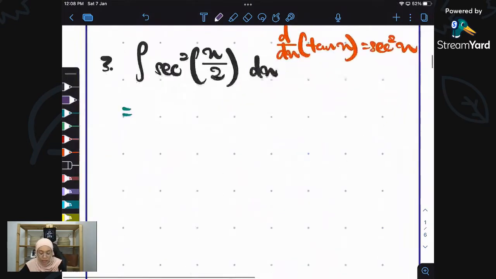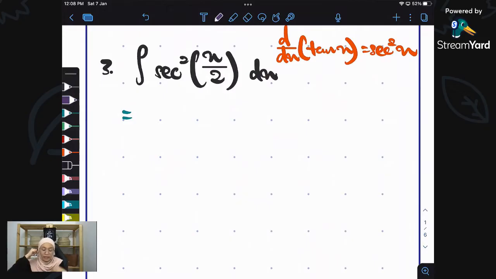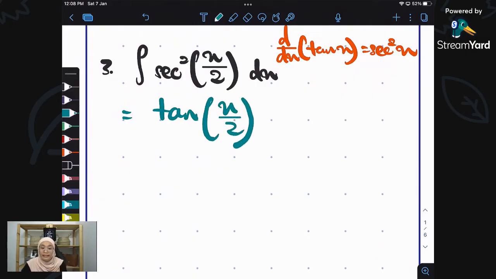Let's go to question number 3. Integrate secant squared. So what is the answer for integrating secant squared? The answer is tangent x over 2. Whenever you integrate secant squared, the answer is tangent.